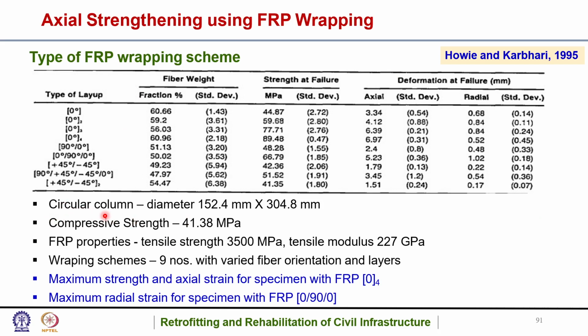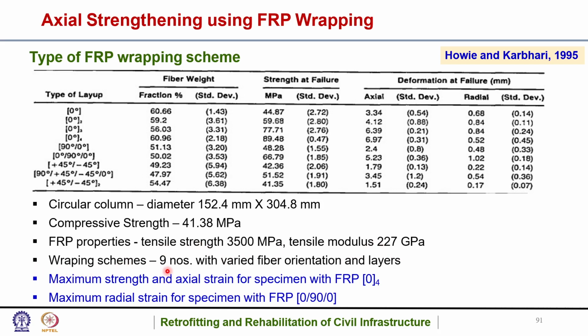Basically a circular column was used, which had a diameter of 152.4 millimeter and 4.8 millimeter height. The compressive strength of 41.38 megapascal was used, and FRP properties were a tensile strength of 3500 megapascal and tensile modulus of 227 gigapascal.